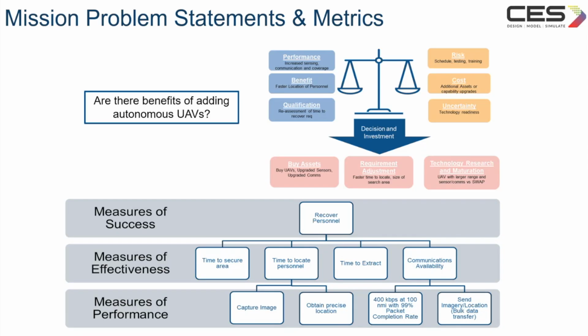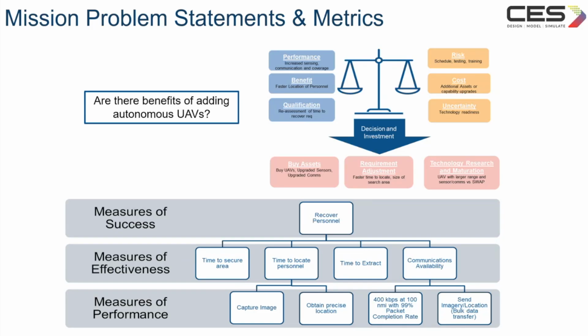So we begin with the mission objective, recovering personnel, or translate it into a measure of effectiveness, such as time to locate, secure, and extract the personnel, as well as communication availability. So these measures are linked to the low-level performance metrics, such as, I don't know, image capture capability, localization accuracy, communication throughput, all this data transfer performance.